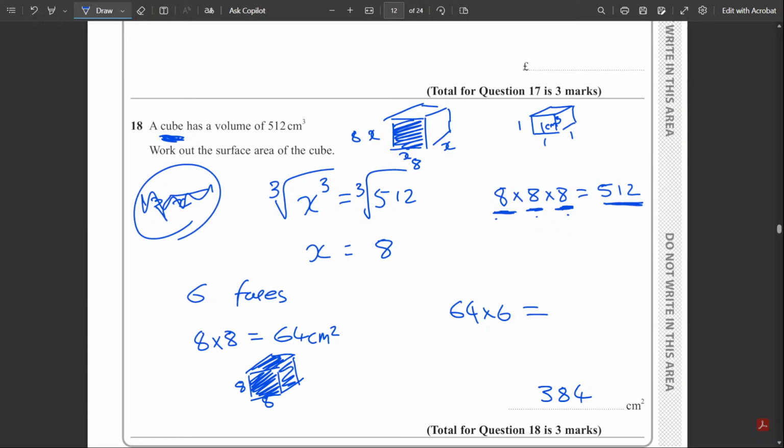When you draw it, you can only see three faces. The other three faces are hidden: top, front, back, bottom, and two sides. There are 6 of those, and each face has 64 centimeters squared of area. So when you wrap it all the way around, you have 6 lots of 64, and 64 times 6 gets you 384. I hope that helped you.